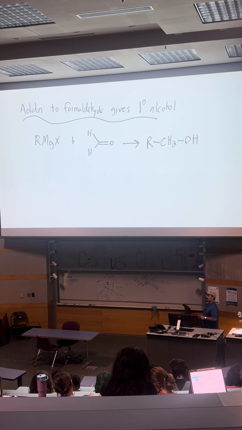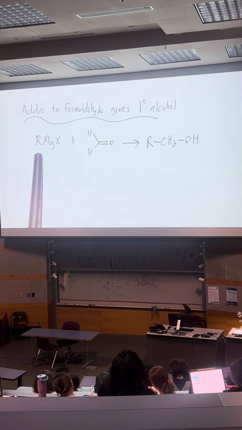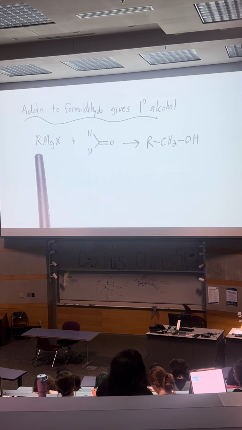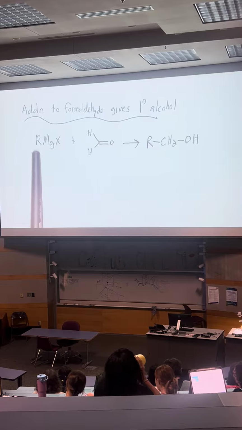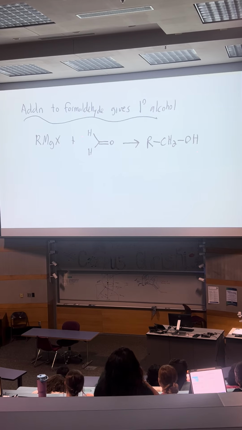Which effectively means that if you wanted to make my favorite compound, ethanol, which has two carbons, then your Grignard reagent better be a single carbon, so you would use maybe chloromethane to generate the Grignard reagent, then you add that, and now that puts the second carbon, and you can produce ethanol.